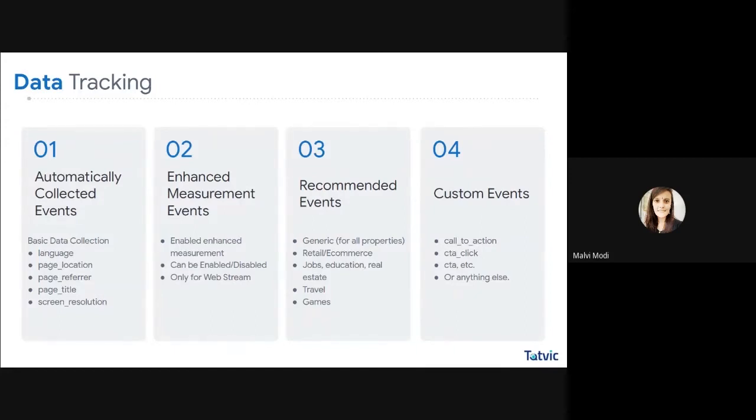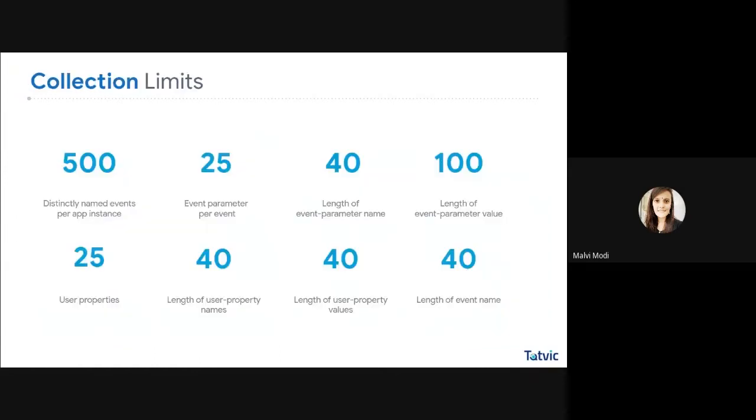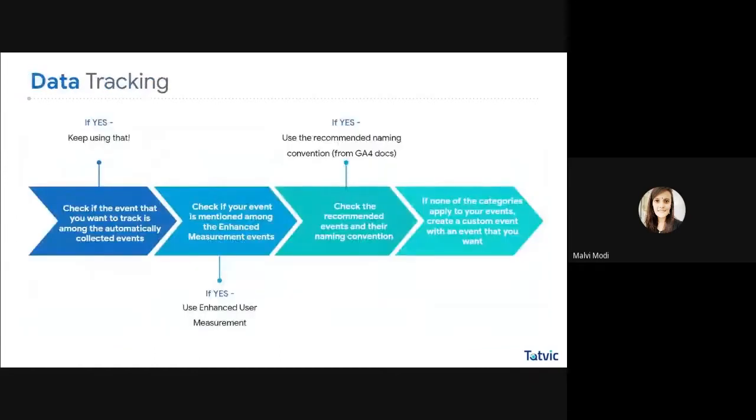So now we have understood these 4 different types of events. Now let us look at a schema of what I was trying to explain. So this is the process of how you should plan the structure of your events, names and parameters. You check if the event that you want to track is among the automatically collected events or not. If not, then check if your event is mentioned among the enhanced measurement events, for example, scroll or a file download.